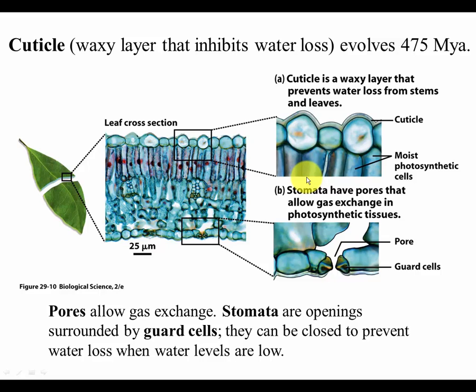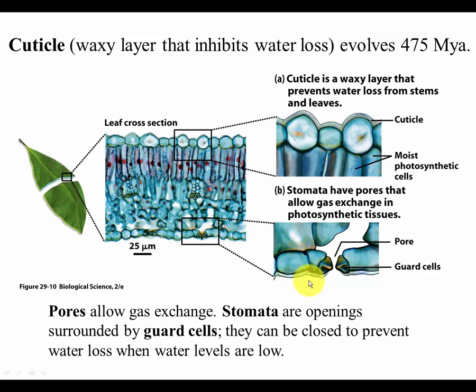Different groups of land plants have different kinds of openings in this cuticle. The oldest of the land plants, the group that split off first after the evolution of the cuticle, is called the liverworts. And they actually only have open pores facing the surface of the plant. These can't be closed, and so liverworts are prone to considerable water loss.